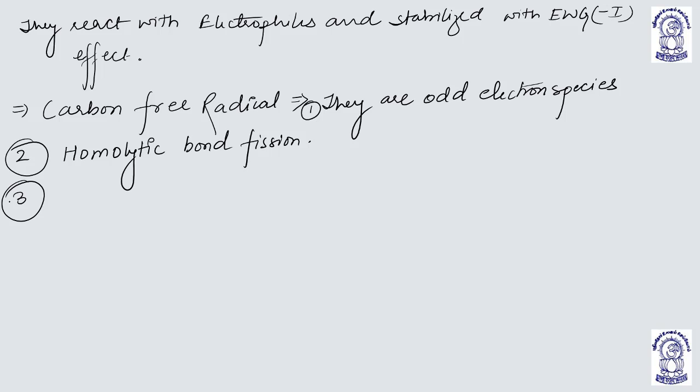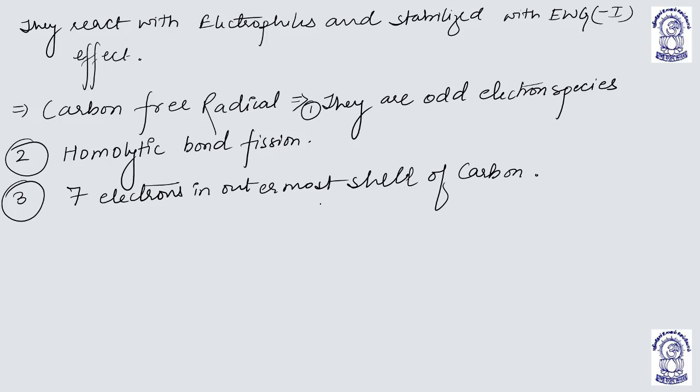Third, carbon contains 7 electrons in the outermost shell. It shows paramagnetic behavior as they have an unpaired electron.